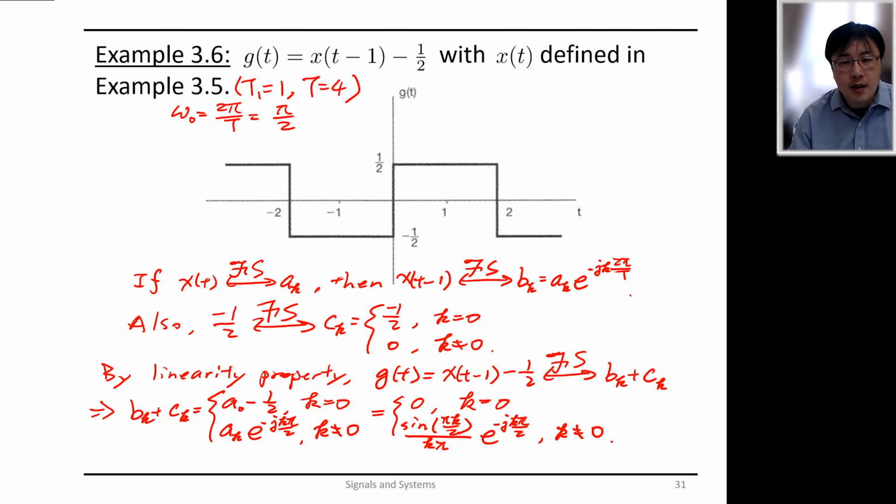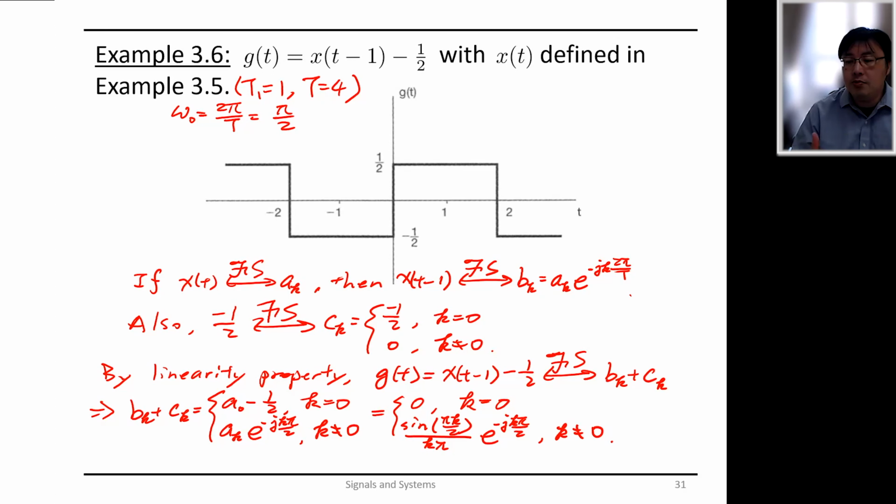So you can see from this example that by applying first the time shifting property and then the linearity property, we can easily obtain the Fourier series coefficient for g of t with knowledge of the Fourier series coefficient of the periodic square wave x of t.